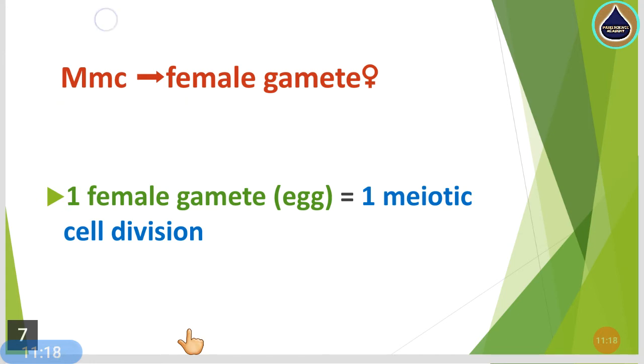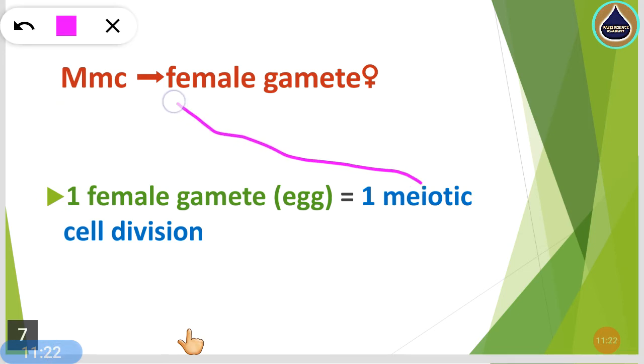It means that by one meiotic cell division, this megaspore mother cell converts into one female gamete.